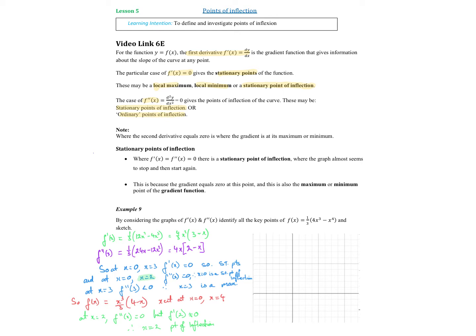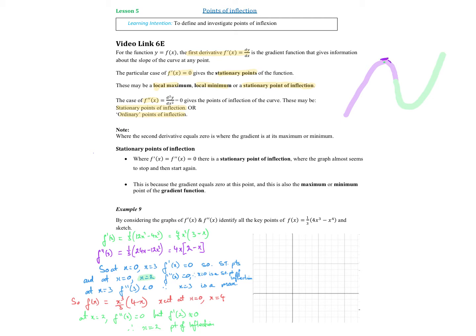Now, an ordinary point of inflection, if I consider just a cubic graph. So there's my cubic graph there. As it starts to come back down again, at some point in time, if we think about the nature of it, the gradient here, I'll go back to purple, is 0.